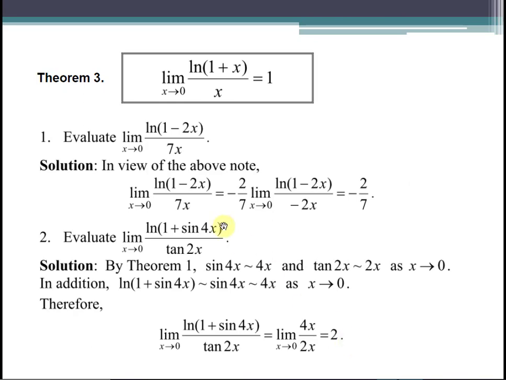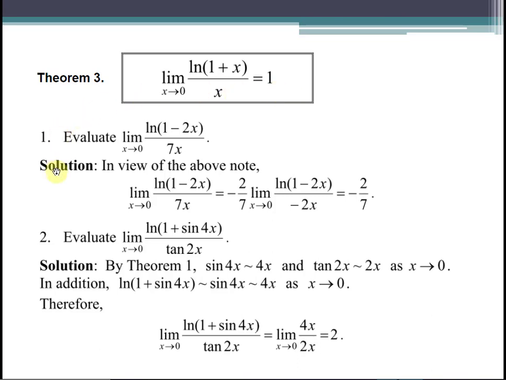Now, the next one, Theorem 3. We can say this one is just a corollary of the second fundamental limit, or consider it separately. So here, the limit of natural logarithm of 1 plus x over x is 1.